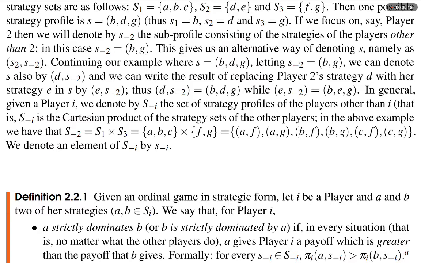Continuing our example where S equals (B, D, G), letting S sub negative 2 equals (B, G), we can denote S also by (D, S sub negative 2).